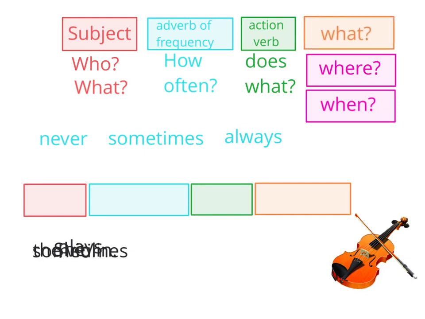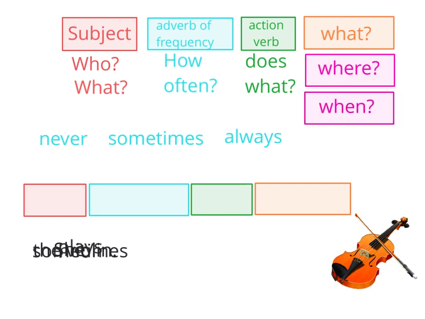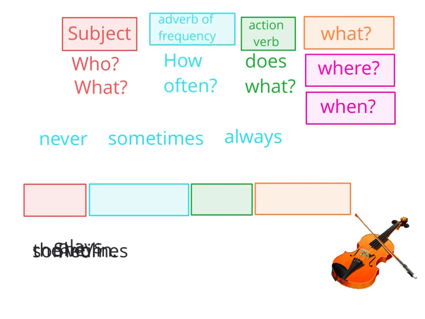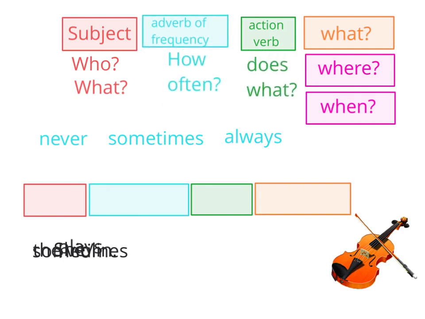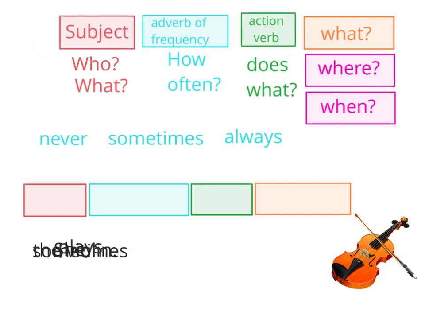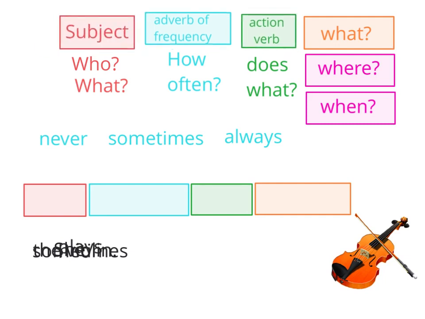We might have a prepositional phrase that answers the question where or when. The place where we put the adverb of frequency, telling us how often we are doing this, comes right after the subject and right before the verb. So in between the subject and the verb.